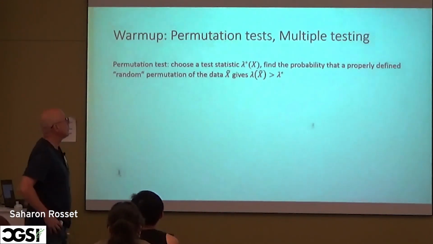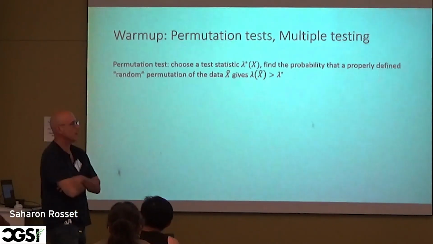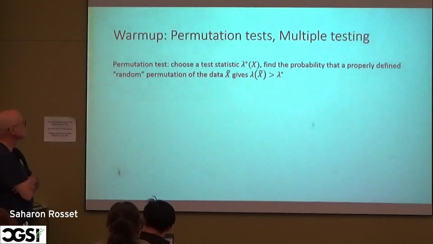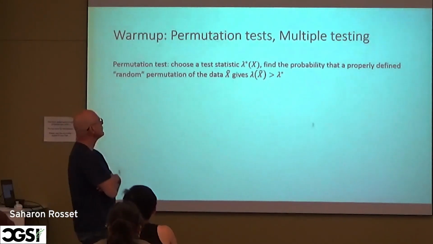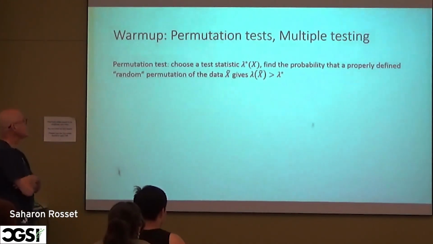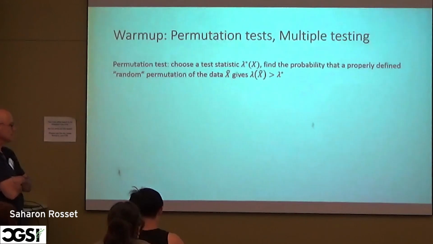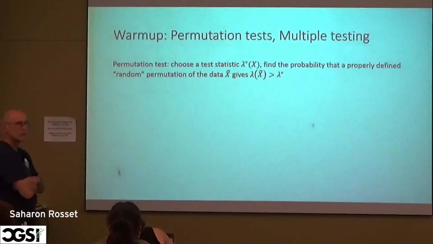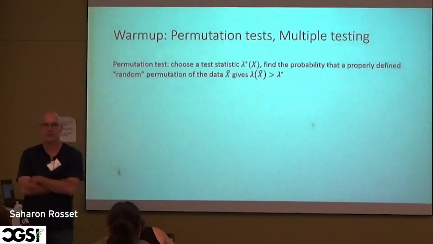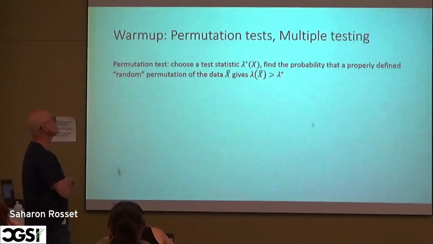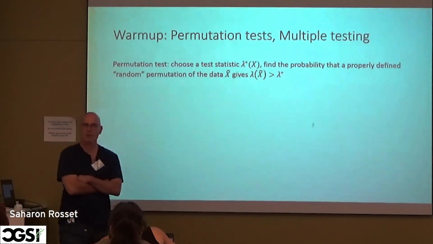So since I'm not allowed that much time, let's just dive into the first motivating application, which is about doing permutation testing and in particular multiple testing in the context of permutation testing. So I'm going to introduce all these traditional things like permutation testing when we talk about MCMC, when we talk about EM.